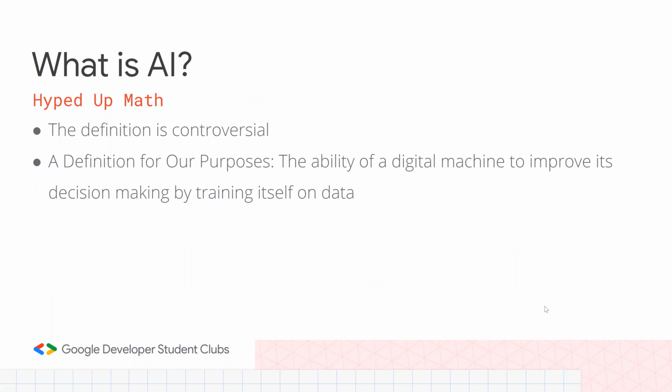So here's where I go into a little bit of a conceptual definition of AI. The definition is a bit controversial right now. A lot of people that don't know about what actually goes on in AI would say, oh yeah, it's computers and we're trying to make them do human intelligence type of stuff.